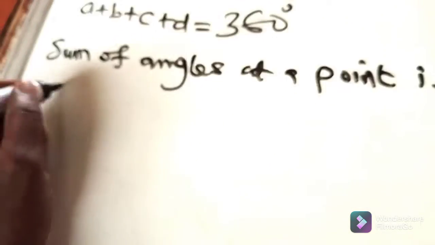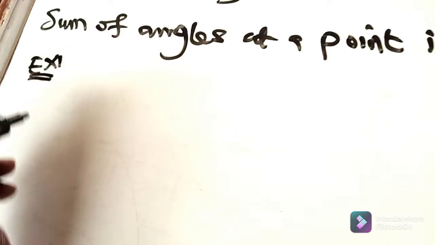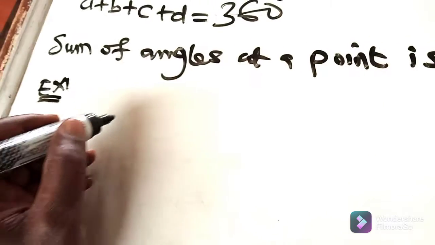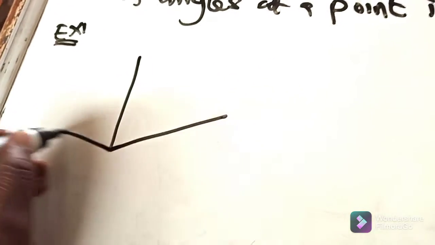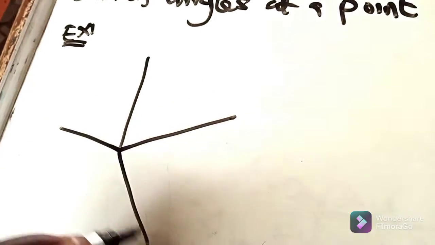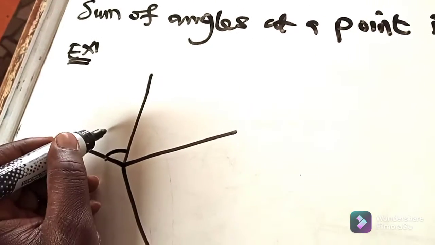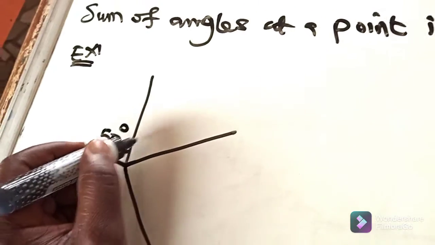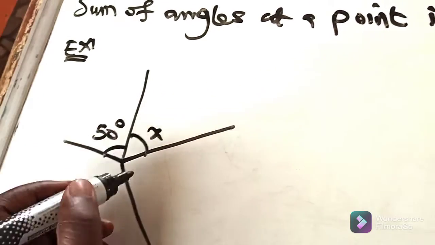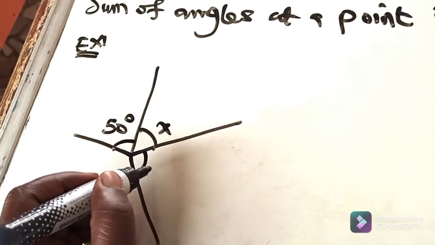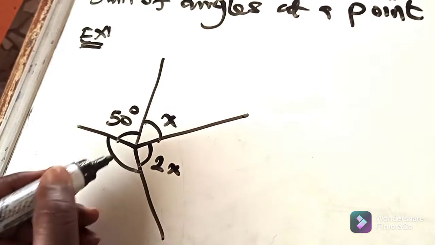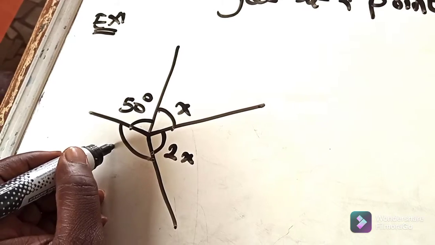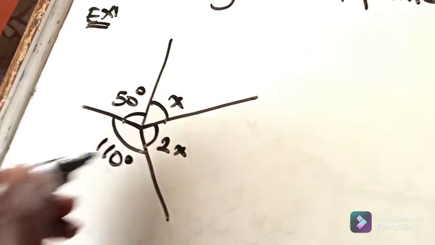Now let's take a look at this example. If I have a straight line, another one here, here, and this is 50 degrees. This is x. Here I'm having 2x, and here I'm having 110 degrees.